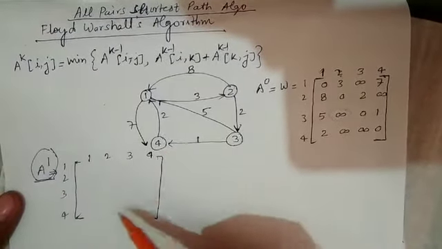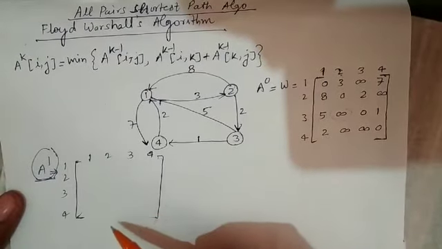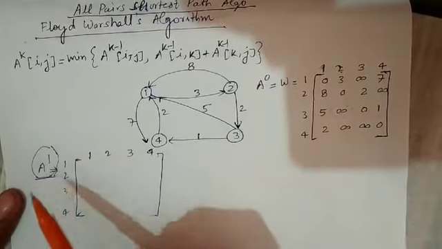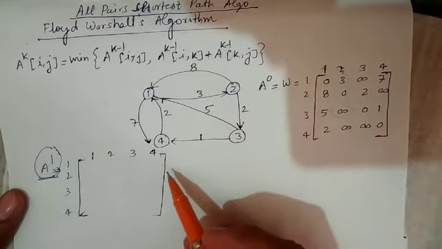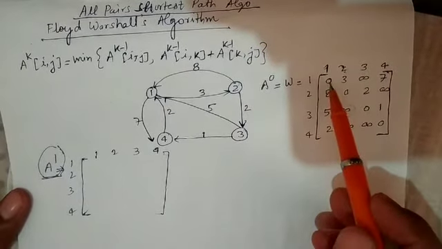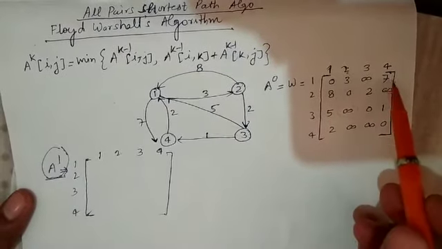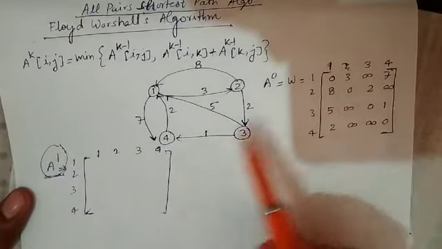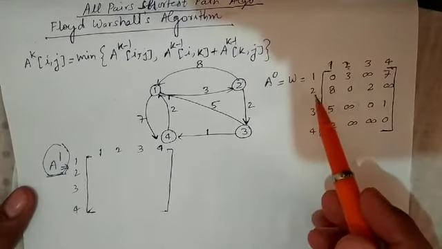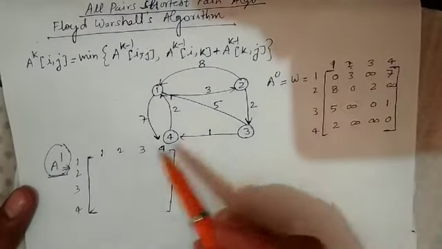Here we will try to find the shortest path which passes through the intermediate vertex 1, so the value of K will be 1. The first row and the first column will be the same as the previous matrix, because we want to find the shortest path through vertex 1.